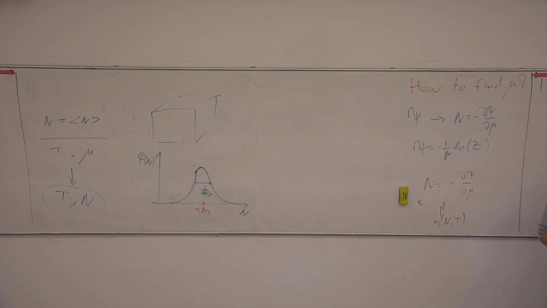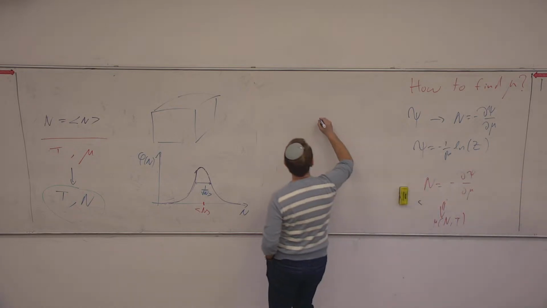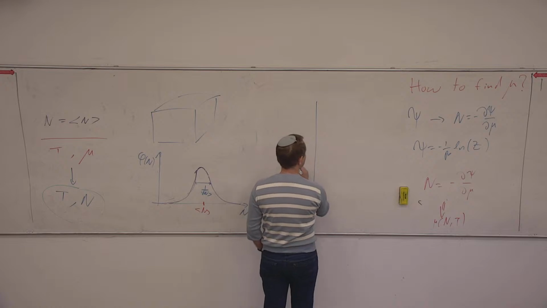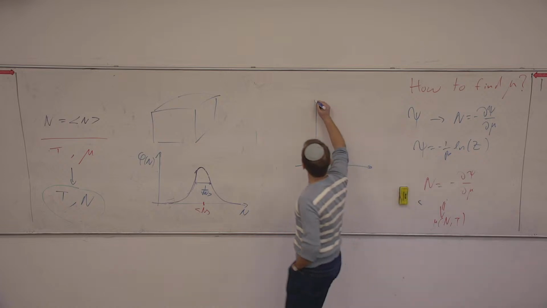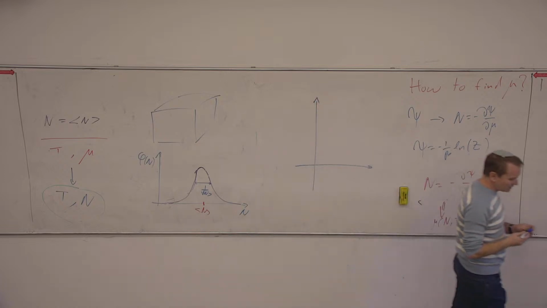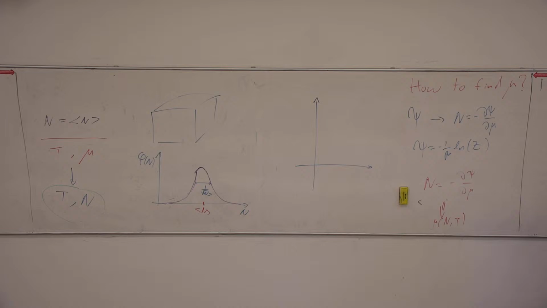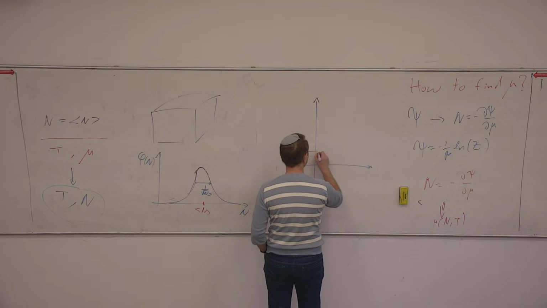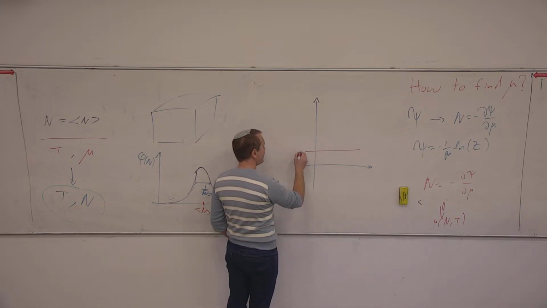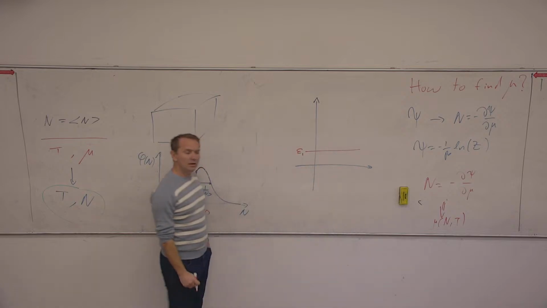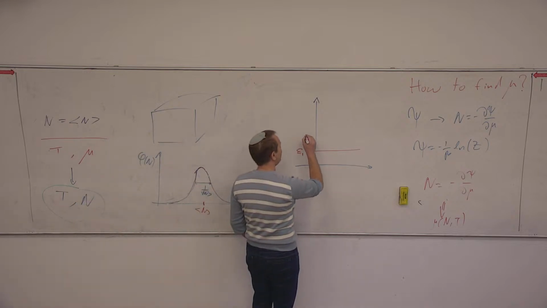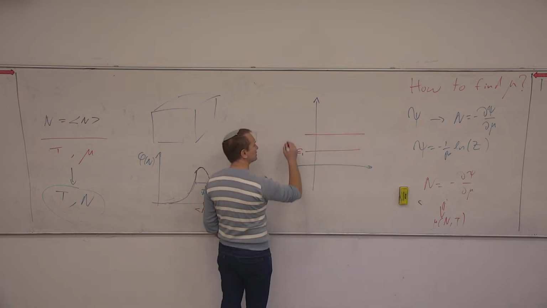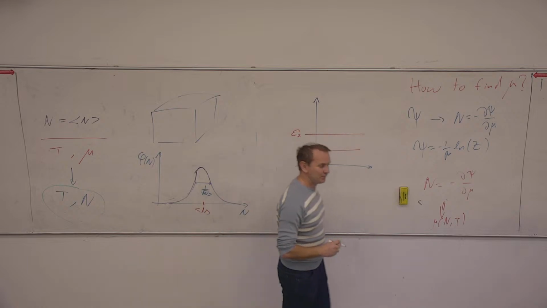So the first example is going to be the following. My electronic structure, this is my T. My electronic structure is as follows. I take energy epsilon 1, and I take another energy epsilon 2.